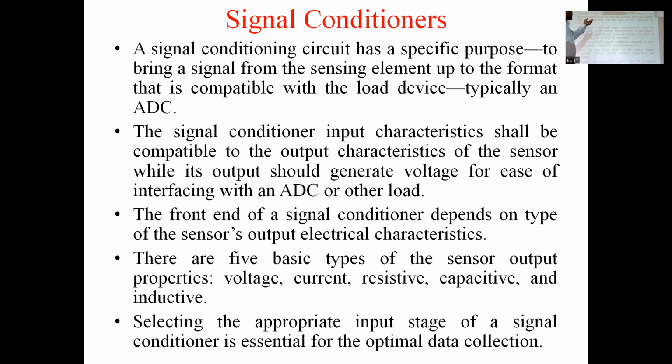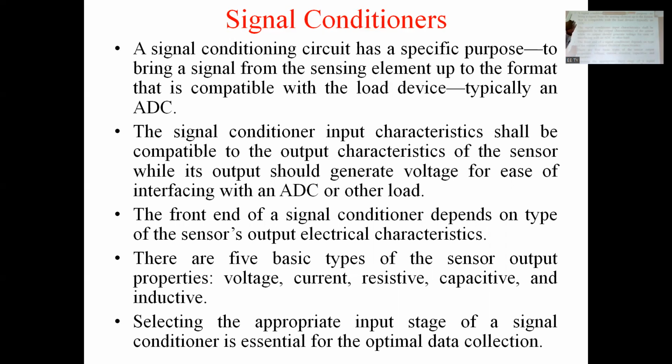Okay, so we require the compatible signal. So this signal can be carried or brought by using the signal conditioner, right? So the signal conditioner input characteristics shall be compatible with the output characteristics of the sensor, right? See, what does the signal conditioner do?